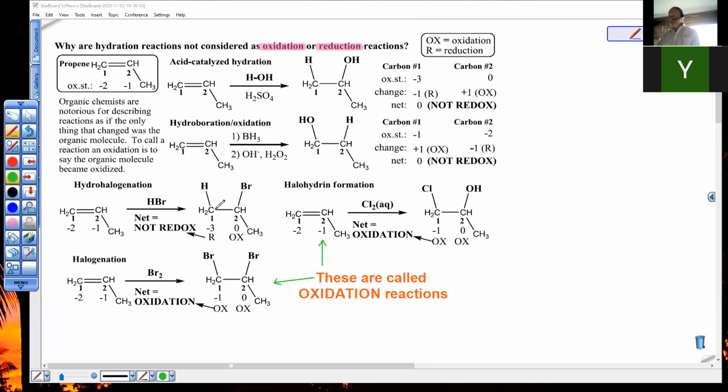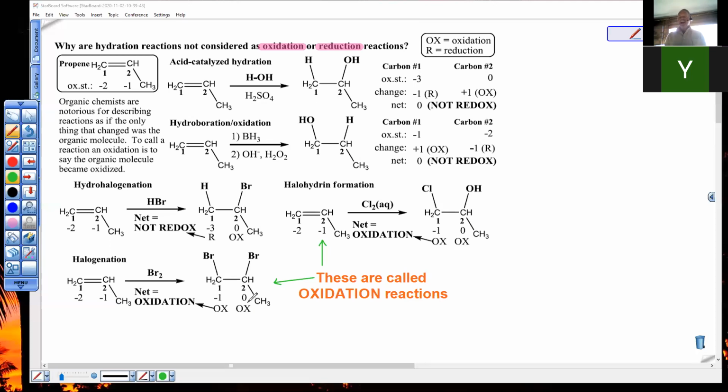When do we have redox? Well, we moved on to the reaction with the halogens. Both carbons went from a lower number to a higher number. That's oxidation by 1 and oxidation by 1 here. They both underwent oxidation. We say this reaction is an oxidation reaction, and our inorganic chemistry friends have a fit.